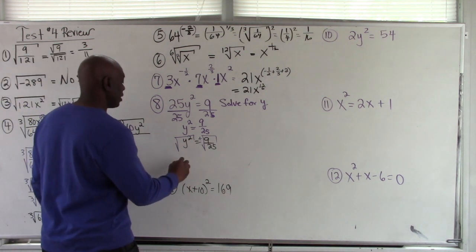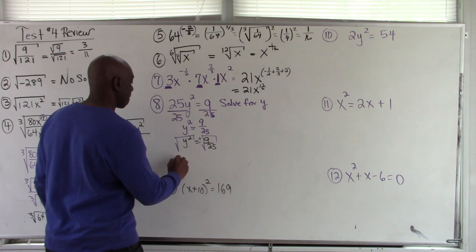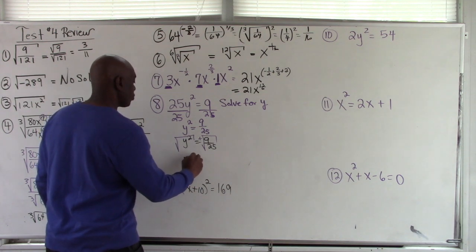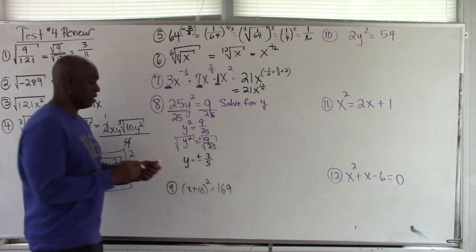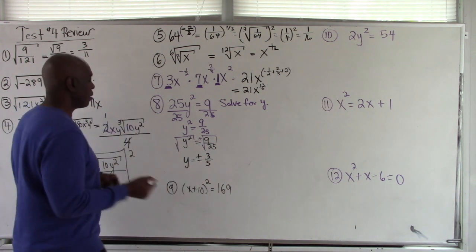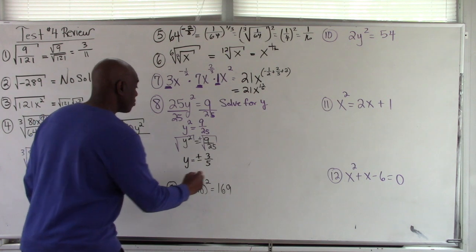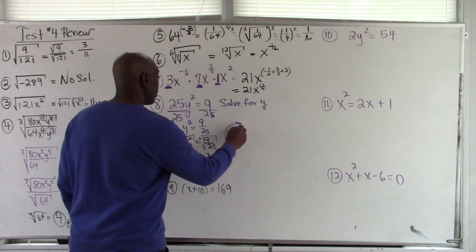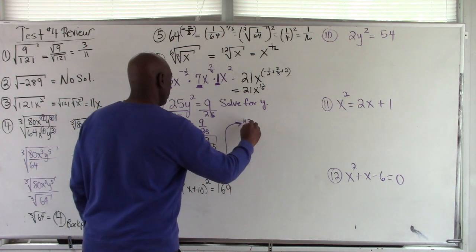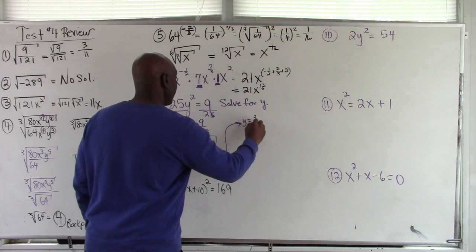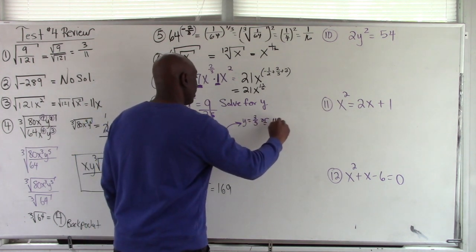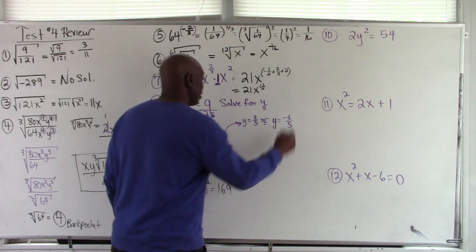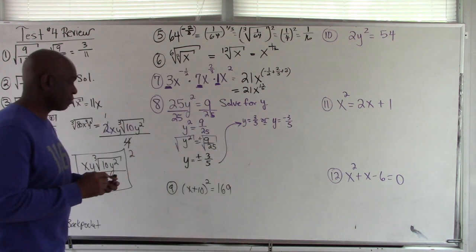So I'm going to get y equals plus or minus 3 over 5. And there are your answers. So you have 2 of them: y equals 3 over 5 or y equals negative 3 over 5. And there are your 2 solutions.